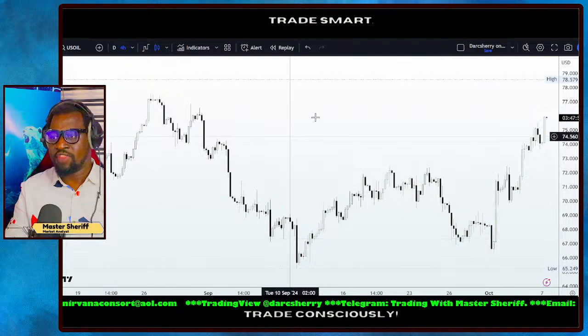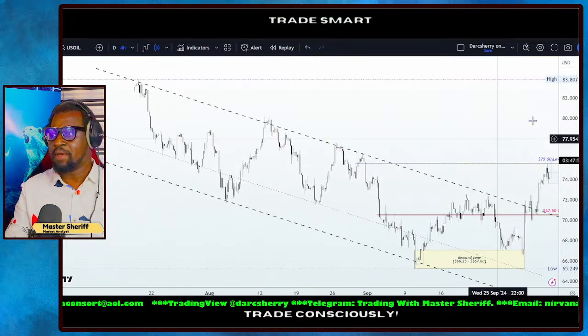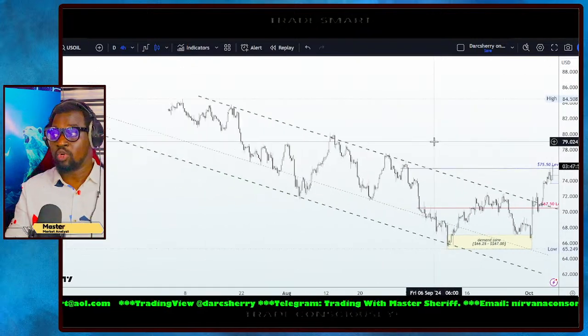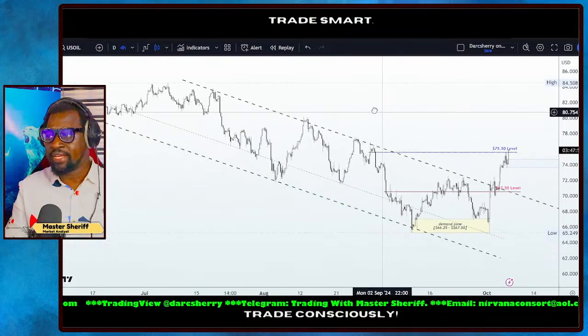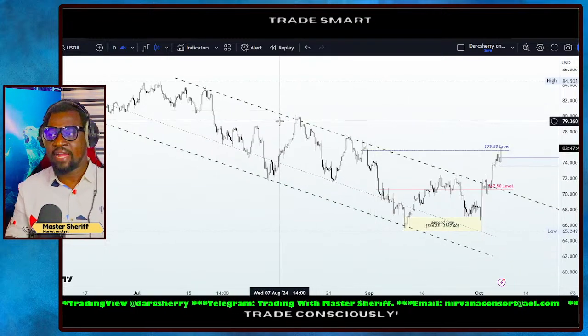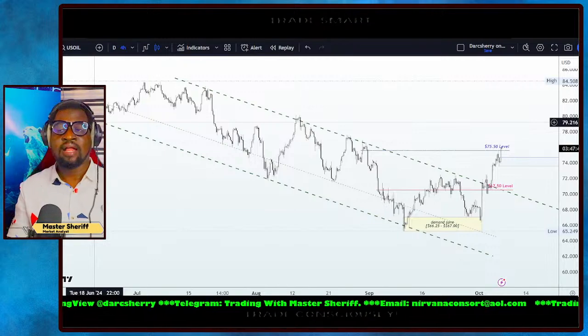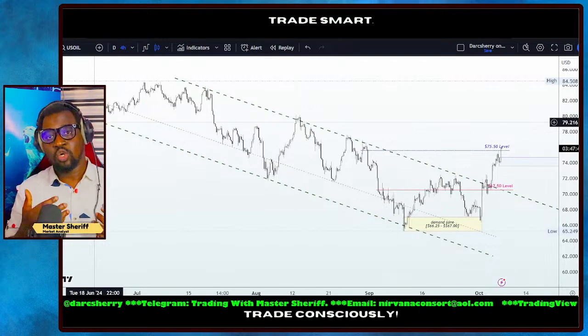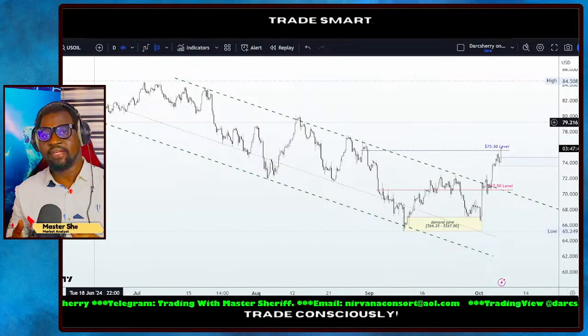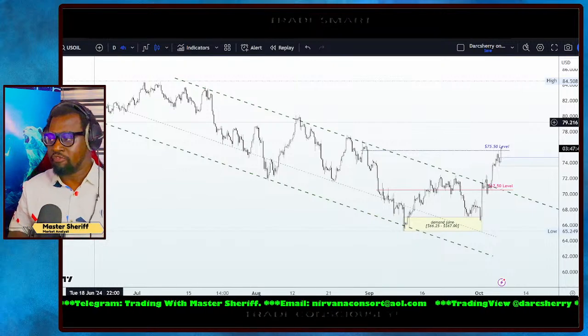Now, on the 4 hours time frame, if you remember vividly, this was what we were looking at in the last couple of weeks, where we did identify a descending channel after connecting the series of lower lows and lower highs since the month of June of this year.